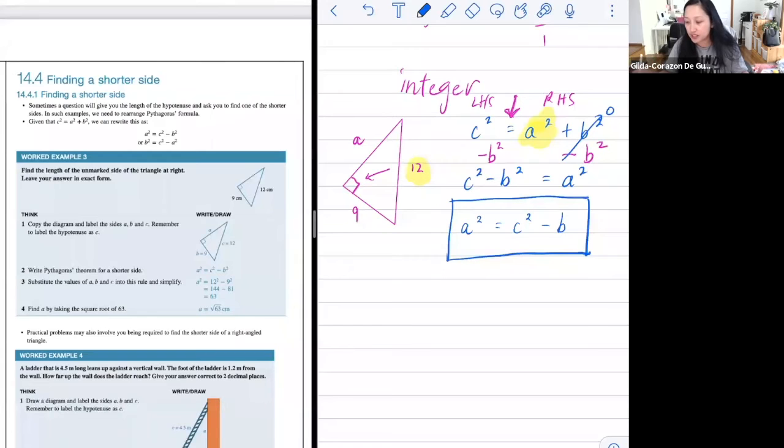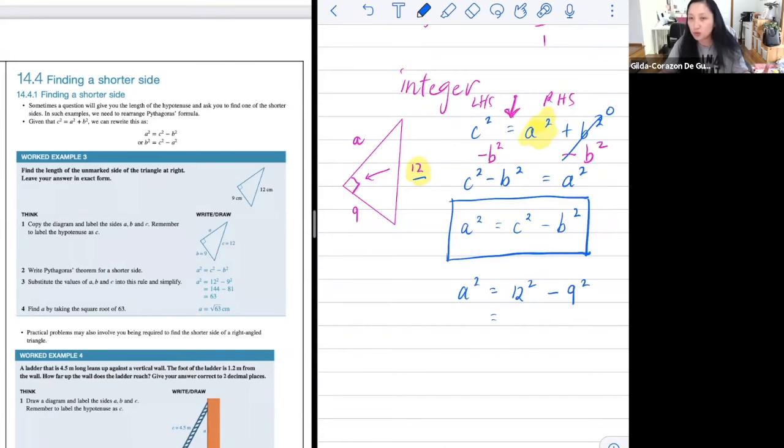How do we use it? Let's continue our working here. We replace C with 12, because that's what it says here, and we replace B with 9, so 9 squared, right?